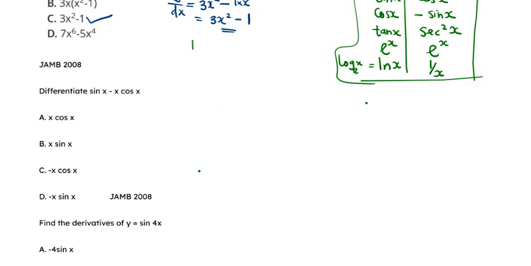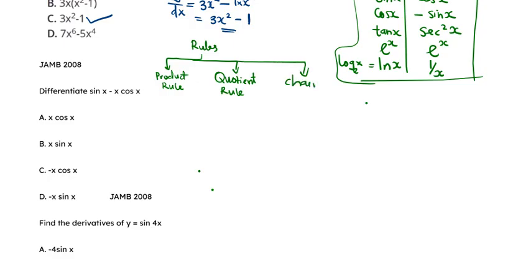So there are some rules in differentiation that you need to be familiar with. The common rules in differentiation: we have the product rule, the quotient rule, and the chain rule. Now, product rule is useful when two functions are multiplying themselves.